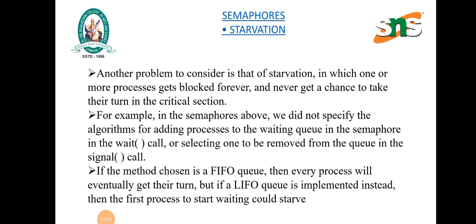For example, in the semaphores above, we did not specify the algorithm for adding processes to the waiting queue in the semaphore's wait call, or selecting one to remove from the queue in the signal call. If the method chosen is a FIFO queue, then every process will eventually get their turn. But if a LIFO queue, last in first out, is implemented instead of first in first out, the first process to start waiting could starve.